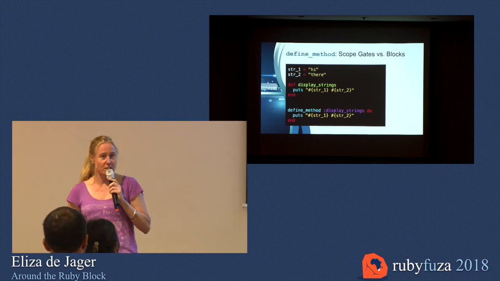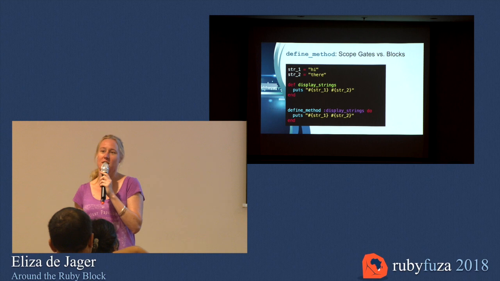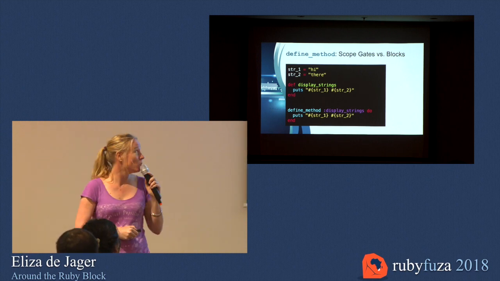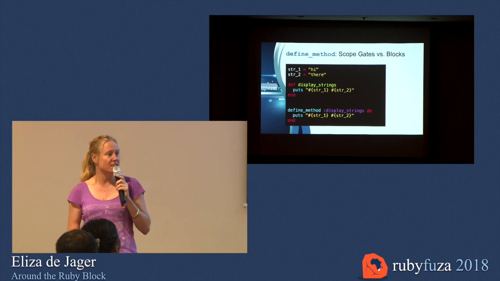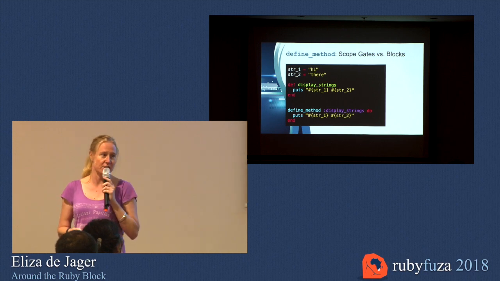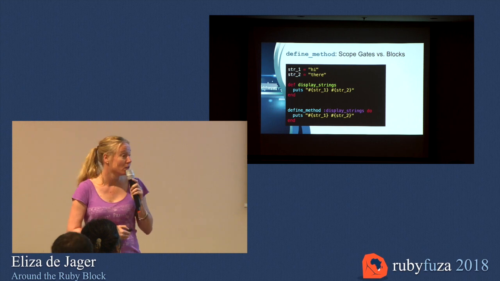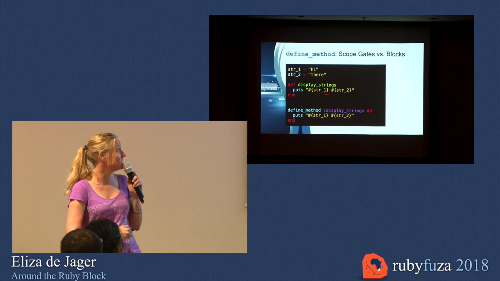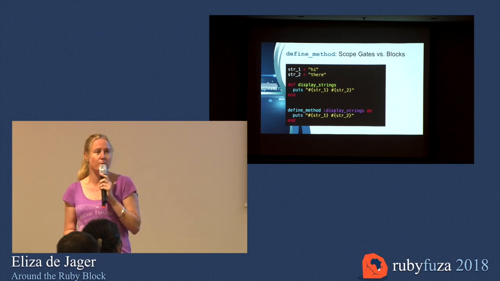The difference here is that whereas this second paragraph actually works, the first one does not. The reason the first one doesn't work is because the def keyword is a scope gate in Ruby. All that means is that once you use the def keyword, you lose access to all the variables defined in the surrounding scope inside this method. So Ruby is not going to know what string 1 and string 2 are inside here, and when you try to call the method, it's going to fail.